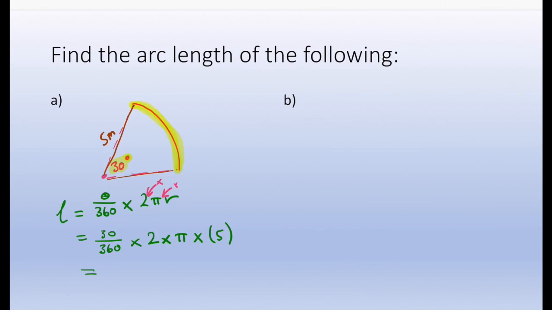So I'm just going to pop this in my calculator. I'm going to go 30 over 360 multiplied by 2 times pi times 5. And I get a number like this.